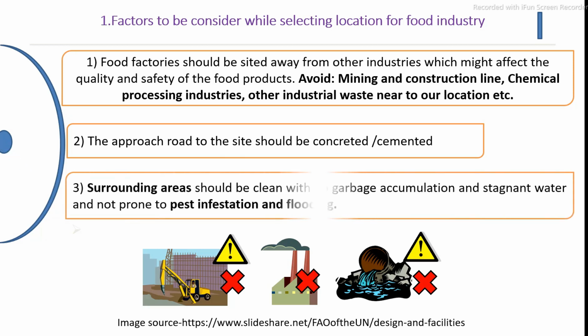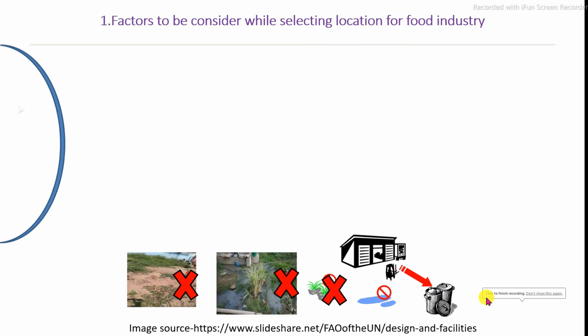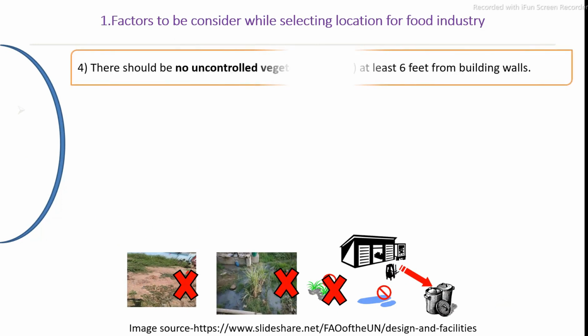Then the external area should be clean, with no garbage accumulation, no stagnant water, and not prone to pest infestation and flooding. Such areas should be avoided for setting up a food processing industry in order to reduce cross contamination. Next, whatever the location and its surroundings, there should be no uncontrolled vegetation or forest, for proper contamination control and pest control.